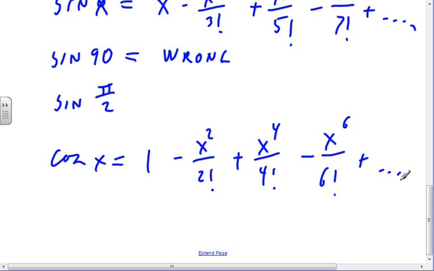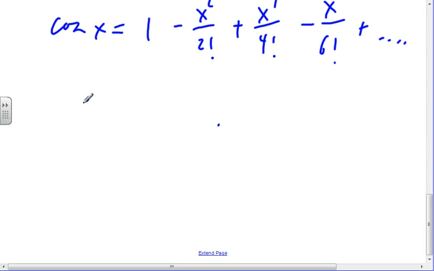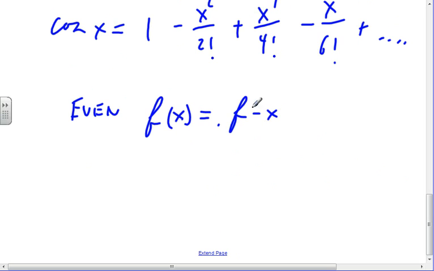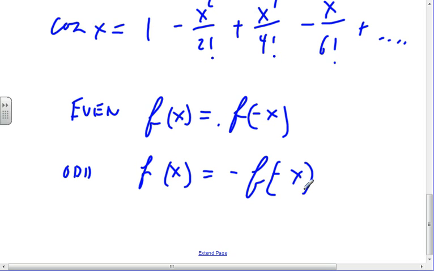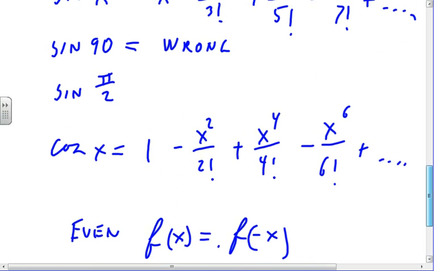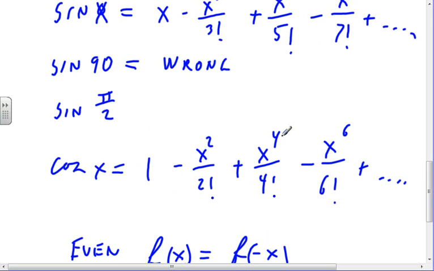Now, what we haven't discussed are functions that are odd and functions that are even. I don't think we discussed that. So if I have an even function, then f of x is equal to f of minus x. If I have an odd function, then f of x is going to be equal to minus f of minus x. Now, when I look at the cosine function, I see that all the terms are even, right?